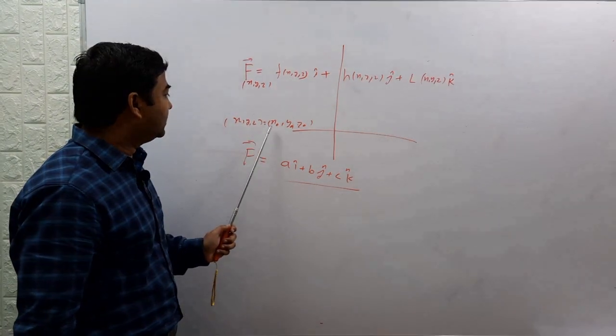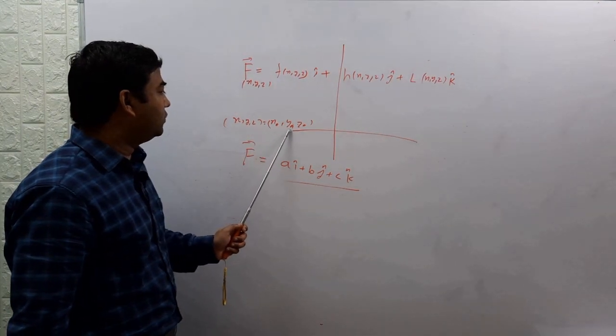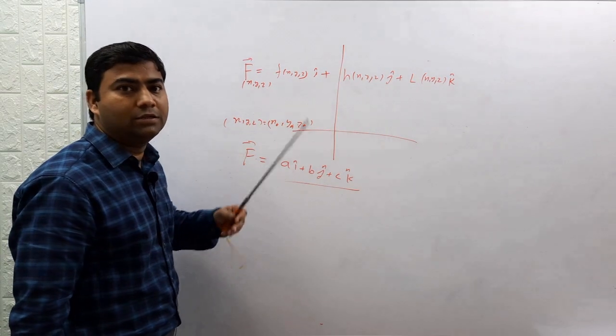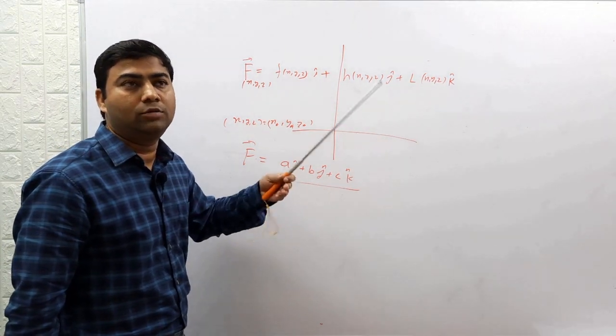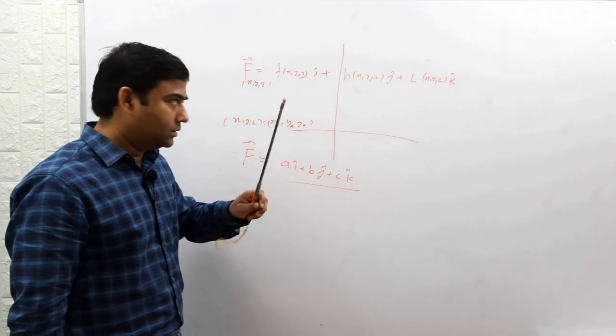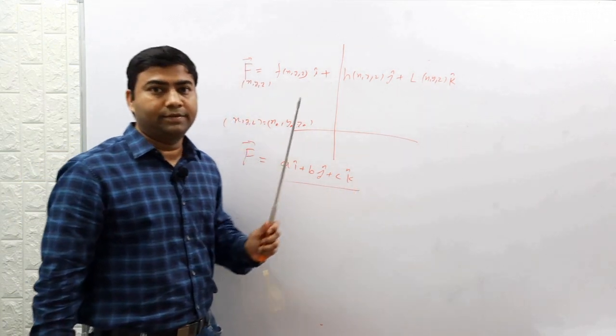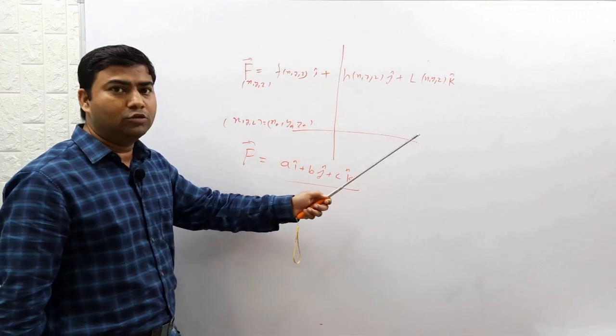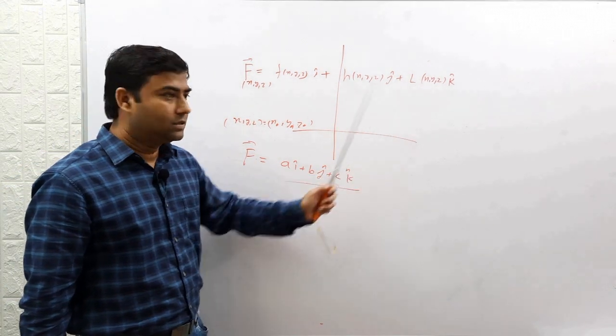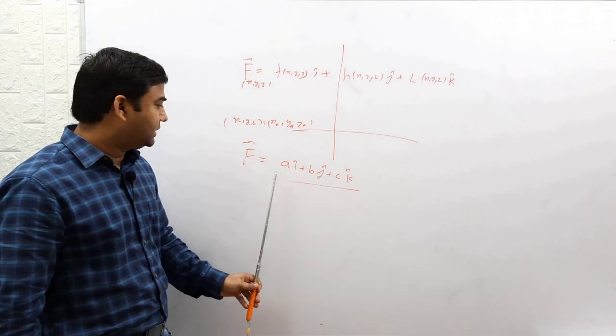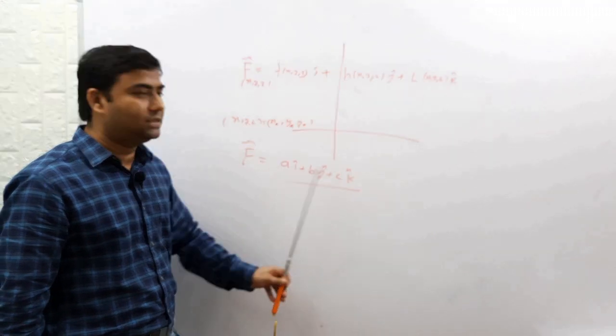So when you put a particular point x0, y0, z0, that is 2, 5, 7 or 8, 9, 10, whatever it is, a specific point, put the values of x, y, z in these functions, and you will get a vector in terms of a i, b j, c k.